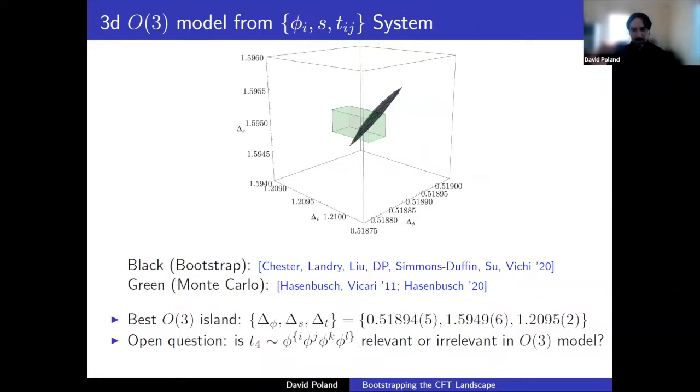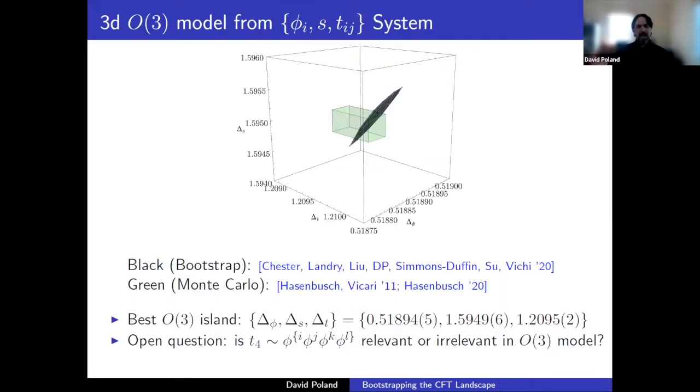And if it's relevant, then it can potentially induce a flow to a fixed point with cubic symmetry rather than a fixed point with O3 symmetry. This has been an interesting question that people have studied over the years.